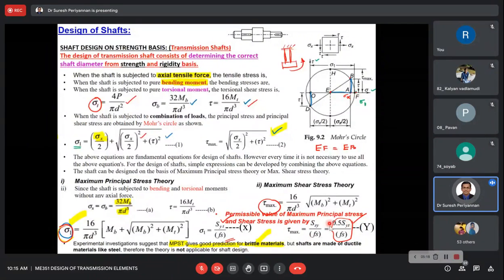We already studied in design of machine elements that SSY is 0.5 times SYT, the yield strength. So sigma 1 is equal to SYT divided by FS, and tau max is equal to SSY divided by FS. This gives the permissible stress value that can be used on the left hand side of the maximum principal stress theory and maximum shear stress theory respectively.